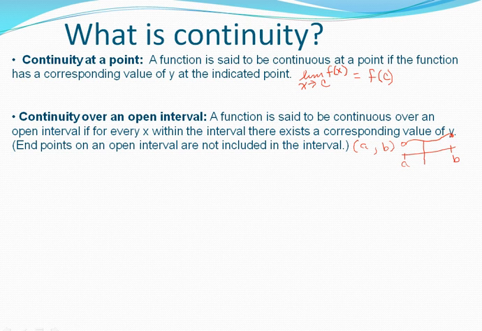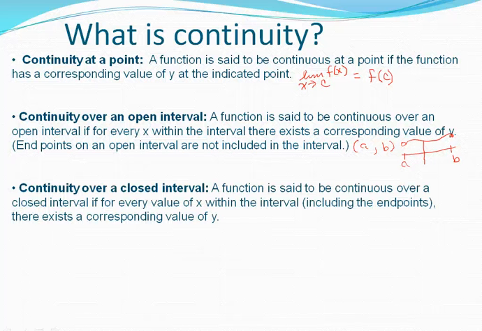I'm looking at them simply as the boundaries. And I'm testing everywhere in between, that all of the x values between my endpoints a and b have a valid partner of y on the function, and that the function creates a nice, smooth, continuous curve.